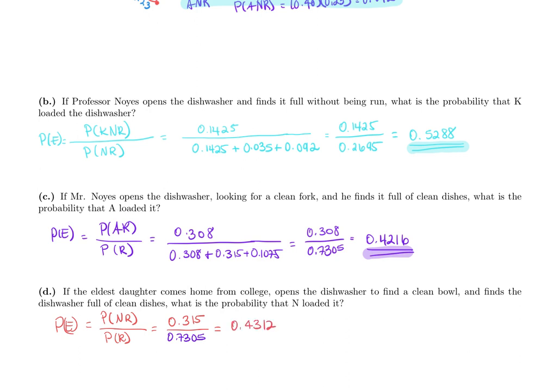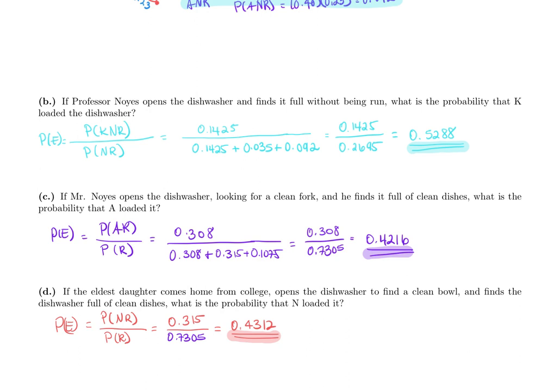So we end up finding out that if the dishwasher is loaded and run, there is a 42% chance that A loaded it and ran it, and there's a 43% chance that N loaded it and ran it. Doesn't say a whole lot of good stuff for K, which is why, who was one of my tutors at the college, that's why she thought, hey, you kind of threw me under the bus here.